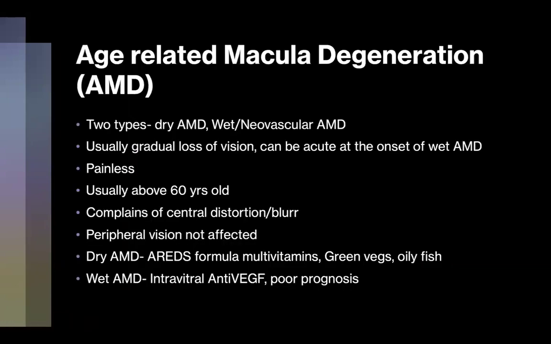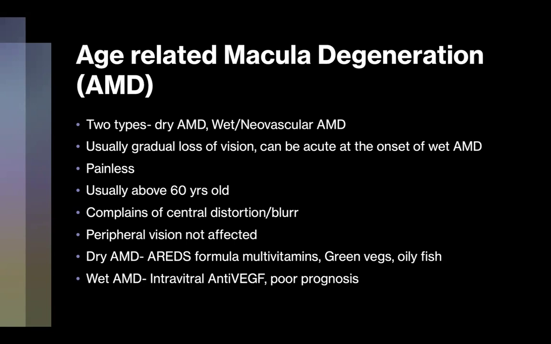Right. And age-related macular degeneration, again, it's usually gradual, but can be acute at the onset of wet AMD. So age-related macular degeneration can be categorized into wet type and dry type. Dry type is the better type, actually.